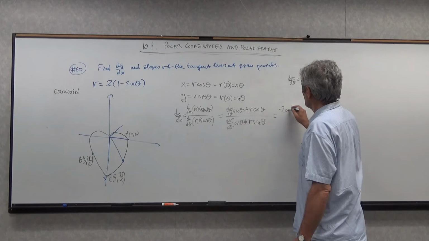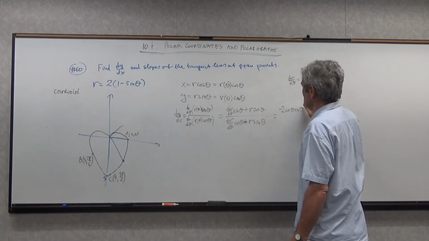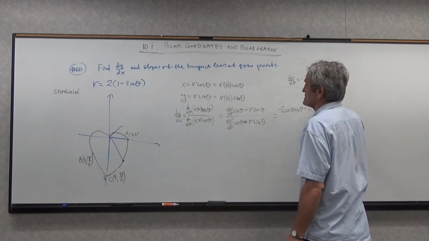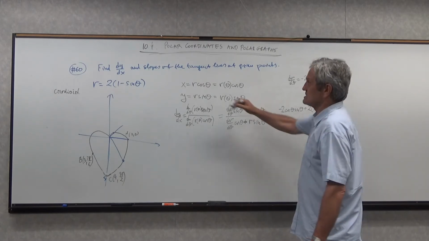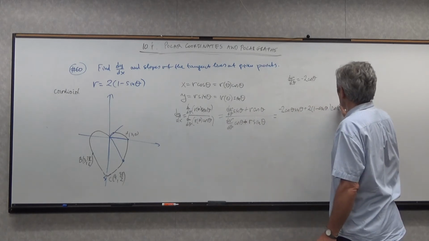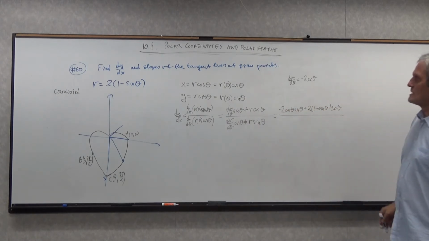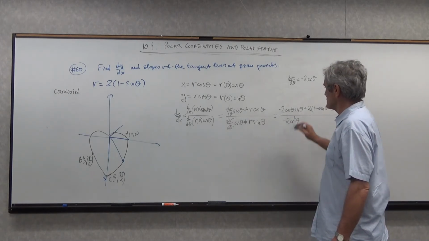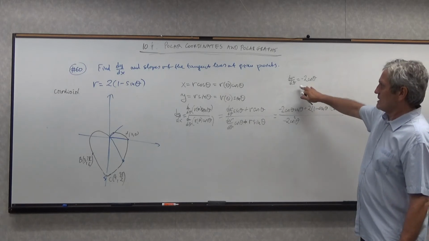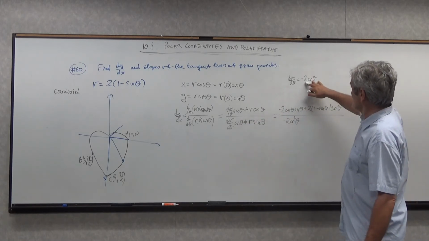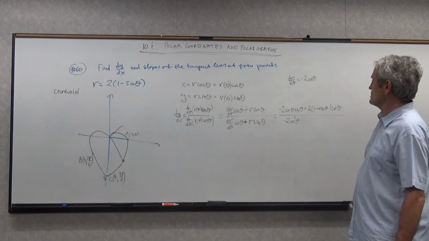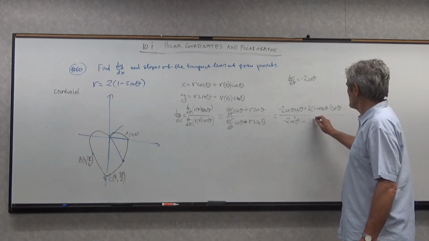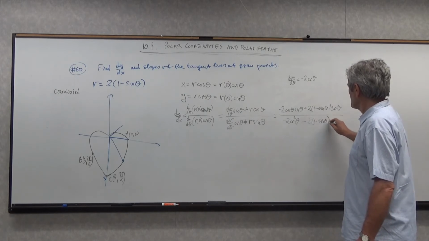Negative 2 cosine theta sine theta plus 2 times 1 minus sine theta, which is r, times cosine theta, or dr over d theta, so negative 2 cosine theta squared, actually, because it's dr over d theta times cosine theta. So already have cosine, so then negative 2 cosine squared minus r sine theta, so 2 times 1 minus sine theta.